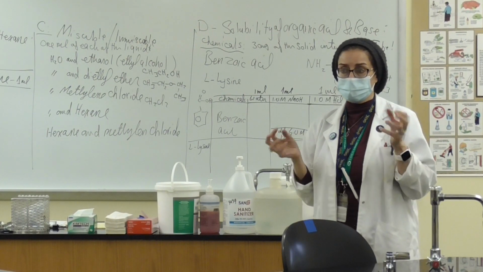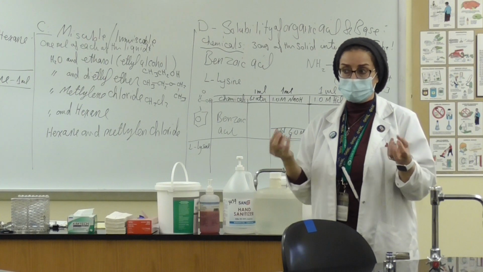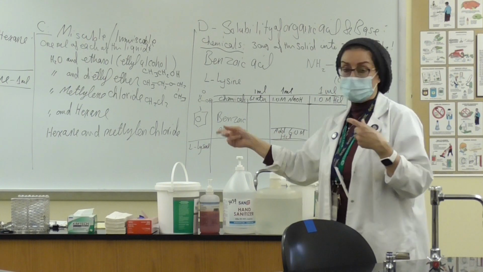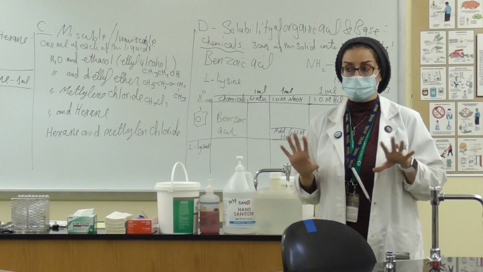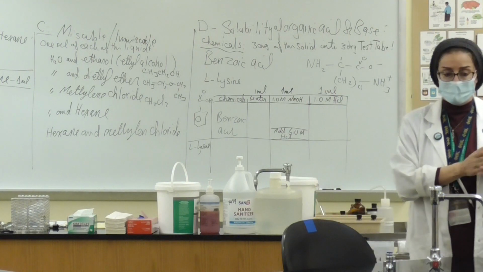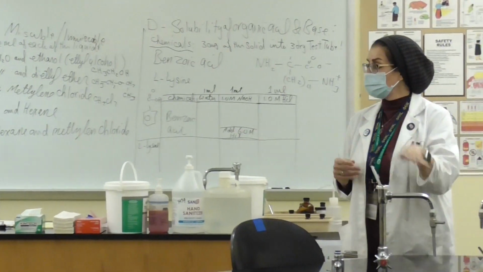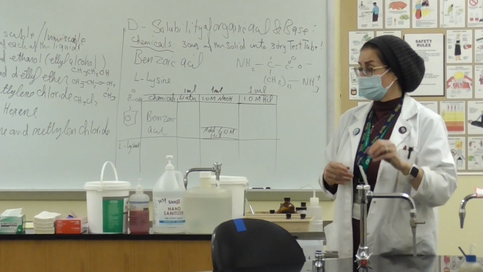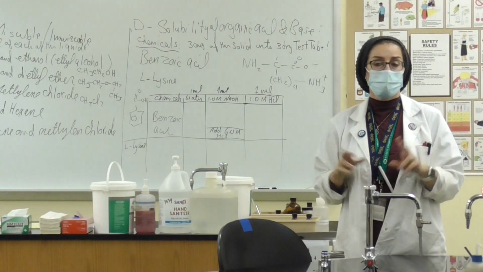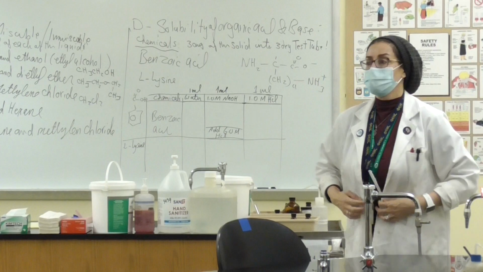So try to be very careful. I would rather have it without those kind of gloves. But if anything happens, or if there is any spill, immediately wash it with water thoroughly, and hopefully we're not going to have this. But just be careful.